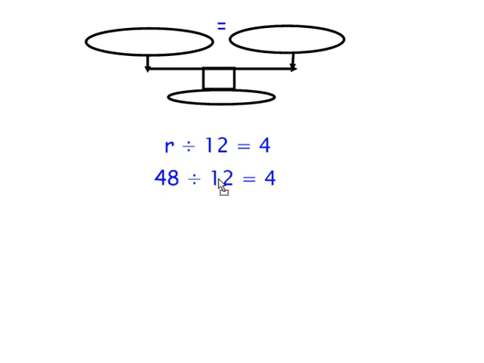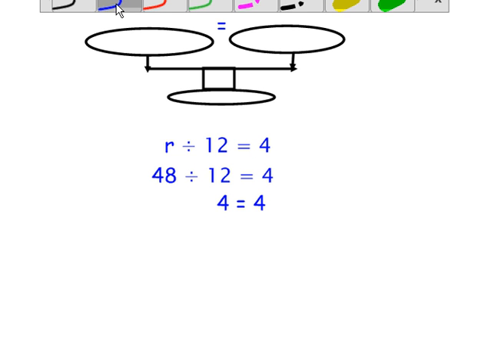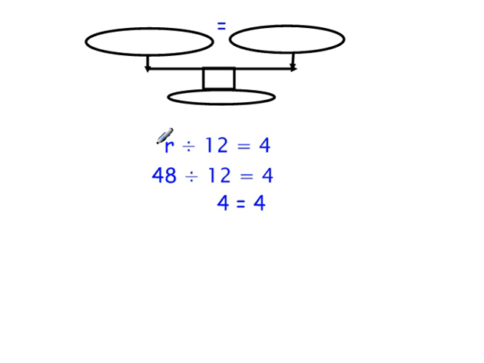Let's see if that's correct. 48 divided by 12 is equal to 4, and 12 goes into 48 4 times. So 4 is equal to 4. So this is true. Therefore, the solution is r is equal to 48.